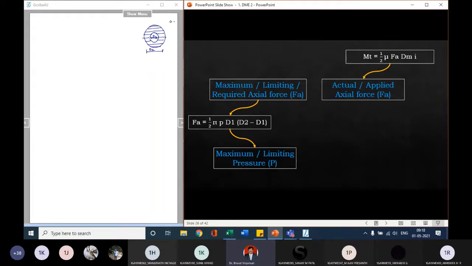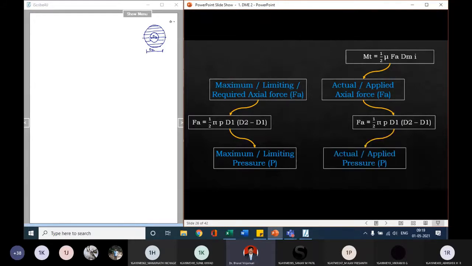So once again, use this FA in this equation. If you use this FA in this equation and find P, such a pressure is called the actual or applied pressure. So remember this. If in the exams they ask you to determine the actual pressure, what are you going to find? You will try to find FA.